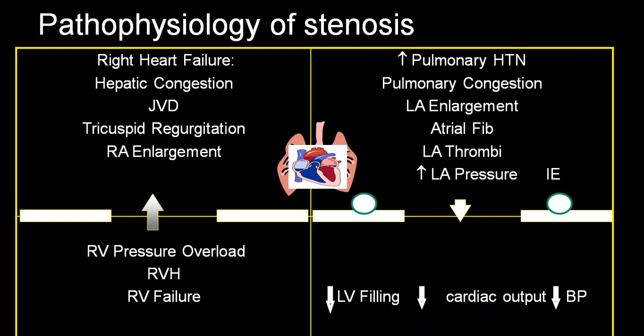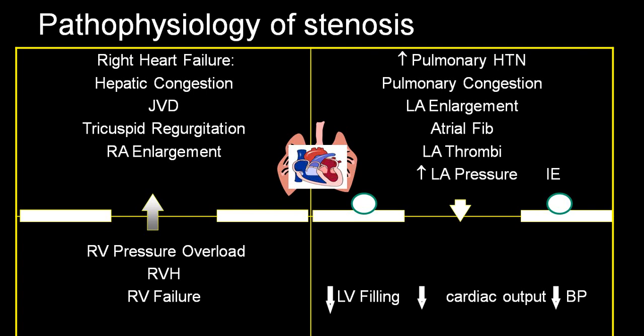Ejection is good, but the volume was less, so cardiac output also decreases. Because cardiac output decreases, the blood pressure also falls. So in a person with mitral stenosis, you will have a decreased cardiac output producing a low volume pulse and a fall of blood pressure. So systolic pressure will be less and even the diastolic pressure will be reduced.